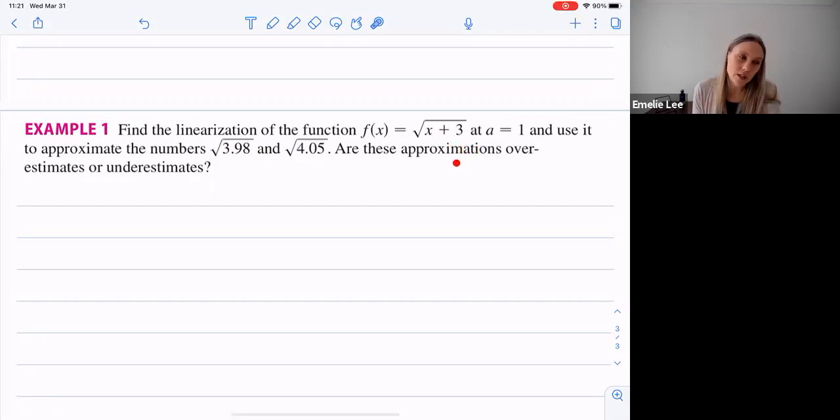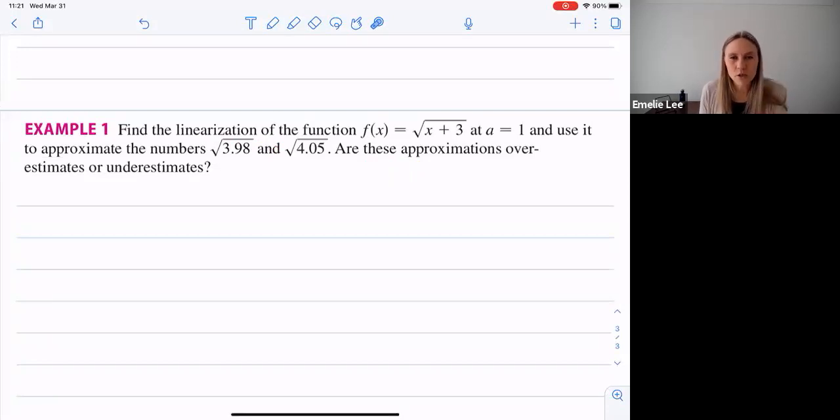And then we're going to use it to approximate the numbers the root of 3.98 and the root of 4.05. We could just calculate these on our calculator, right? But we are going to use the linearization to do it. Then we do the calculation on our calculator, and we're going to be able to determine if we have over or under estimates.